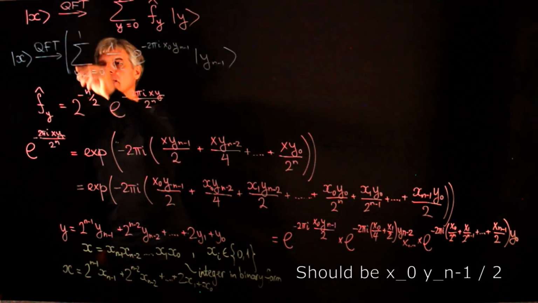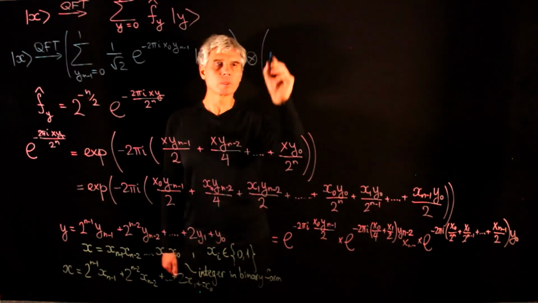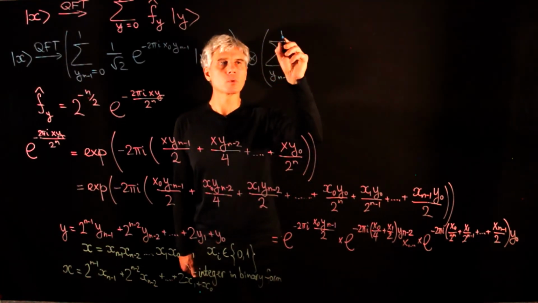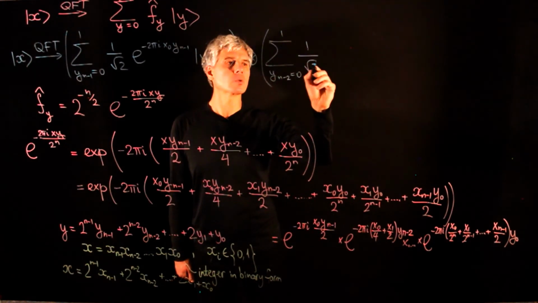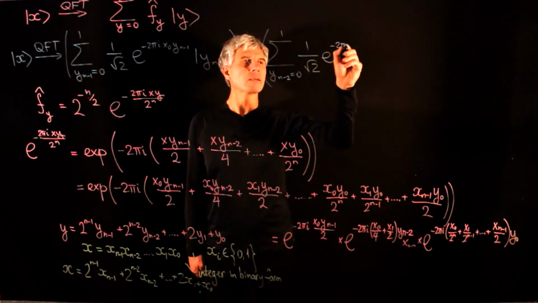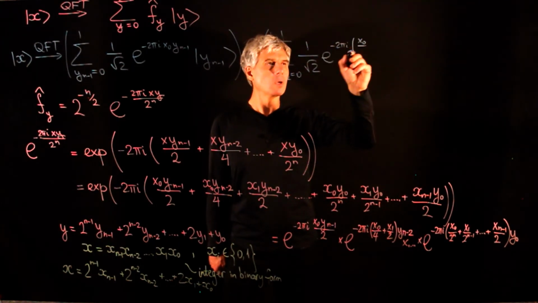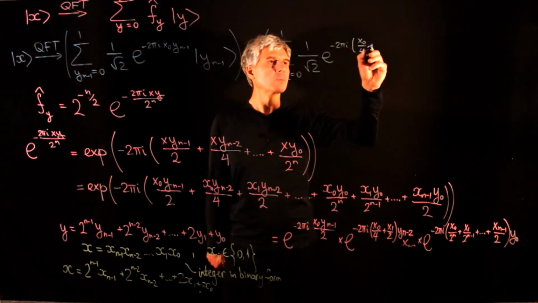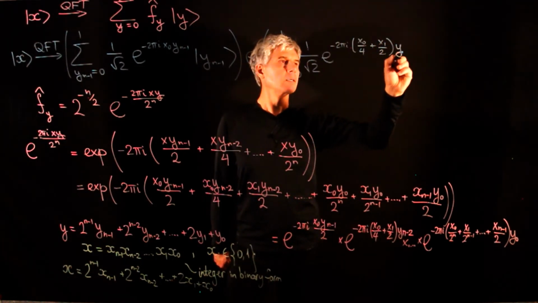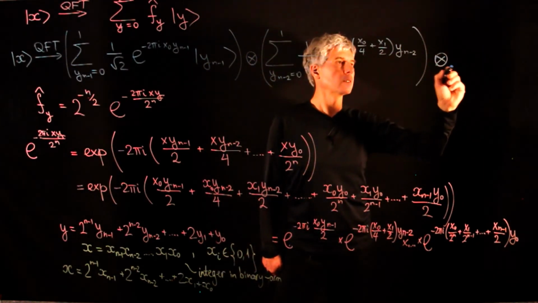Right, so we take this sum, tensor with the second factor, which will be the sum where y_{n-2} goes from 0 to 1, 1 over square root of 2 e to the minus 2 pi i, and here we have x0 over 4 plus x1 over 2 times y_{n-2}, tensor and so on.